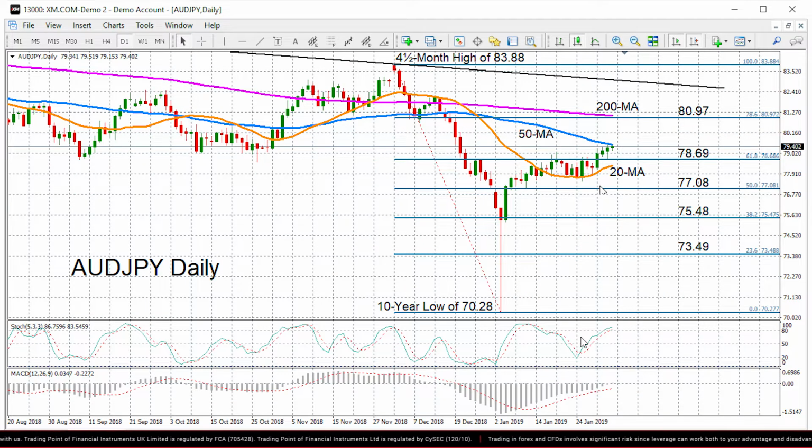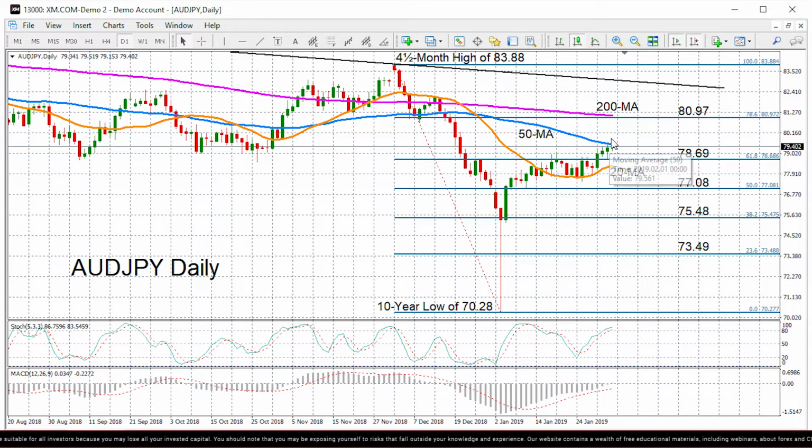Let's now turn to the Aussie yen pair, another pair that's looking bullish in the short term. The stochastics, though, have crossed into overbought territory, suggesting that a near-term downside correction could be due. And we can also see from price action, they are struggling to break above the 50-day moving average.